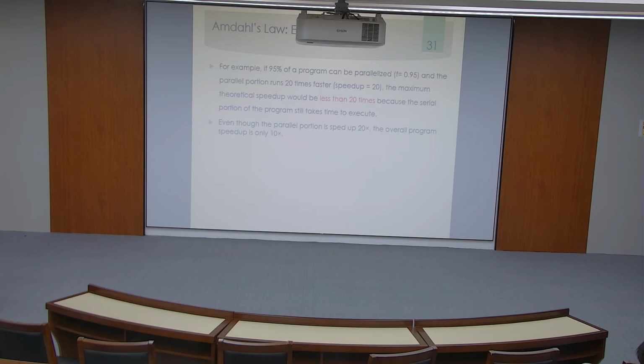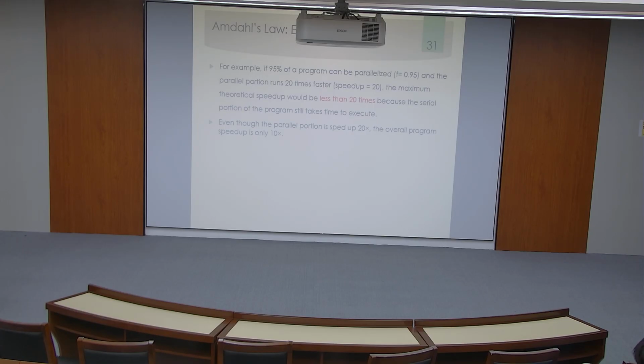So the speedup equals 1 divided by (1 minus f plus f divided by n). Let's fill in the values. We have 1 divided by (1 minus 0.95). 1 minus 0.95 is the portion of the task that can only run in serial.